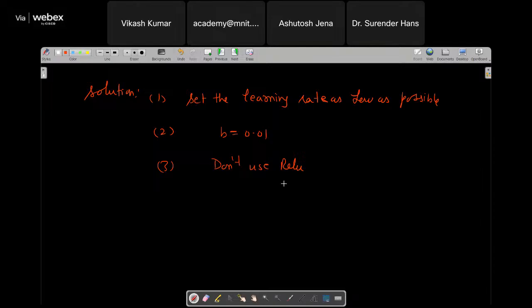Okay, the next variant. So the next variant is leaky ReLU, then parametric ReLU. Okay, so these two are linear variants. A linear transformation on ReLU is a linear variant of the ReLU.